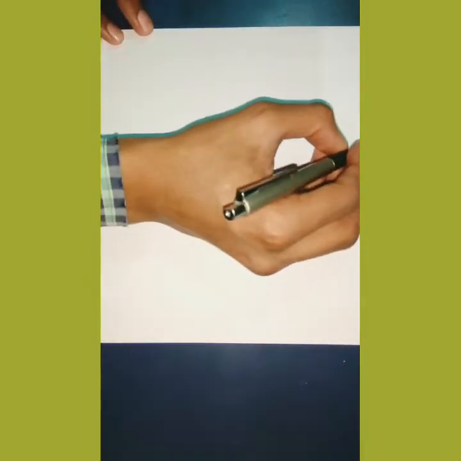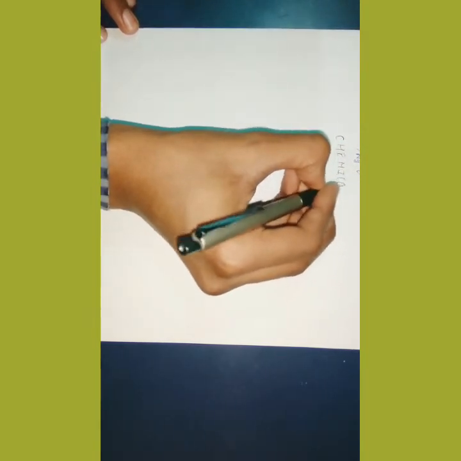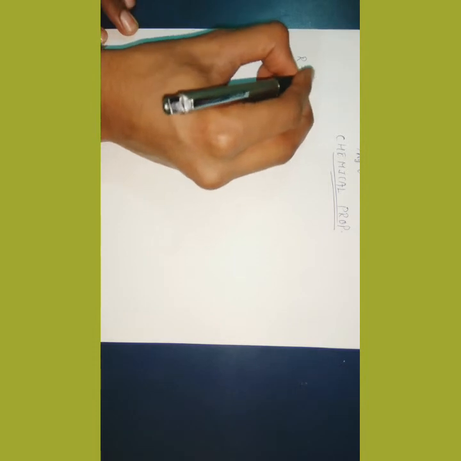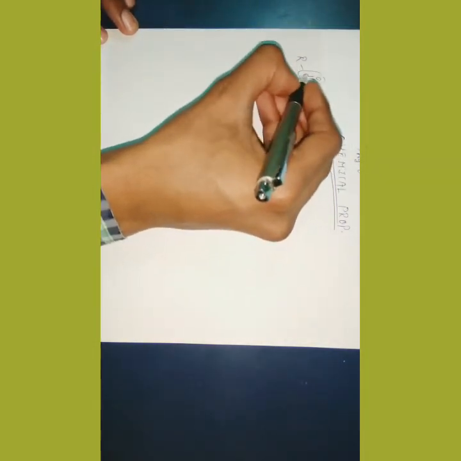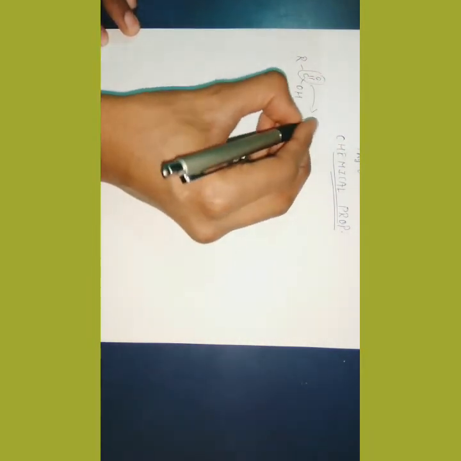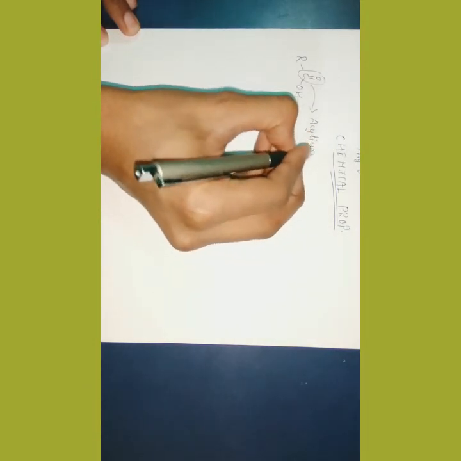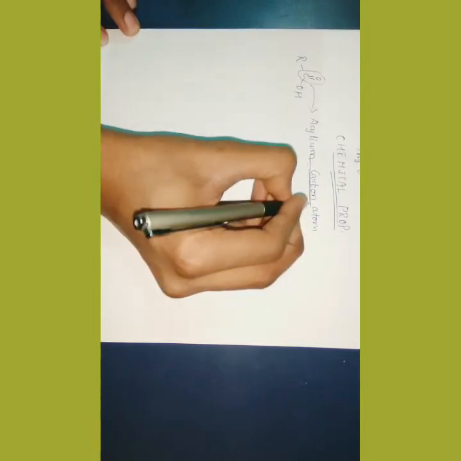Now we will take a look at some chemical properties of the chapter. This is a general carboxylic acid, and if we look at this carbonyl bond, this is the acyl carbon atom.